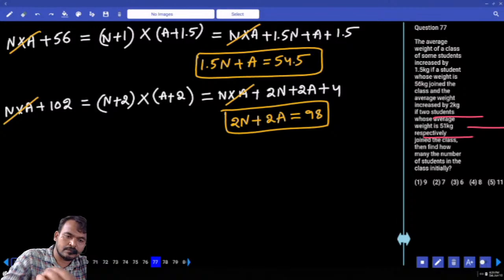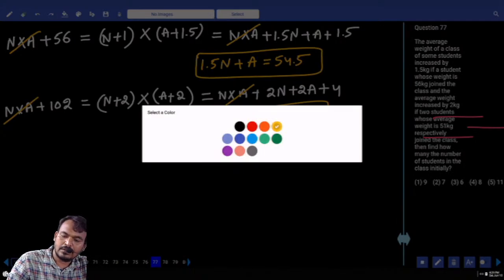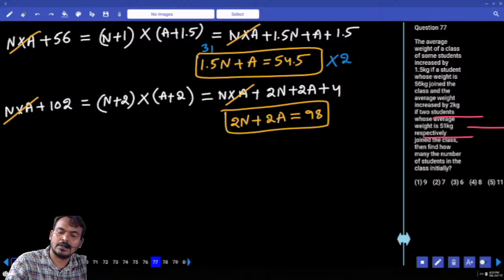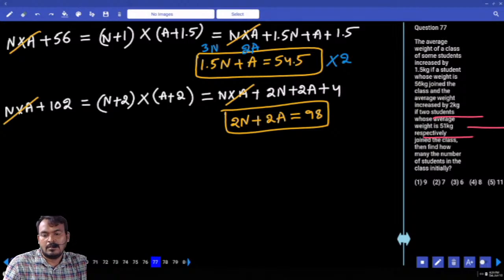How many linear equations? 2 linear equations. Then the first equation is multiplied by 2 times. We are getting how much? 3n plus 2a equals 109. Okay.